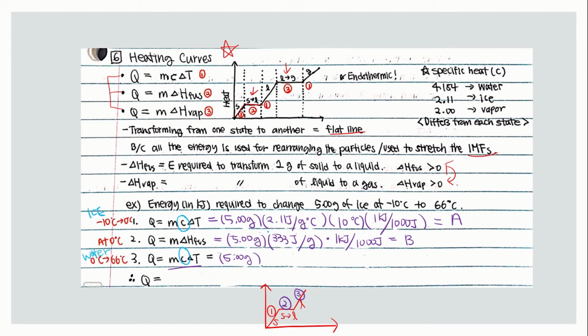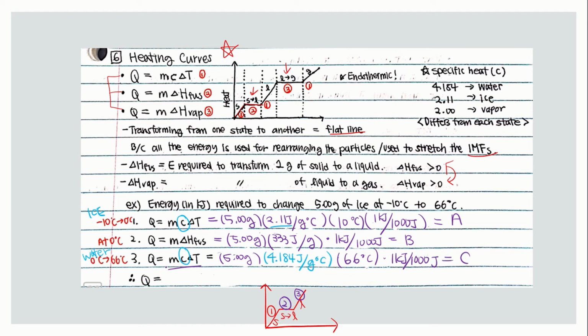For liquid water, it will be 4.184 joules per gram per degree Celsius, which you will be more familiar with. However, in ice, it will be 2.11 joules per gram per degree Celsius, times the change in temperature, which is 66 degrees, times 1 kilojoule over 1000 joules, which gives you some value of C.